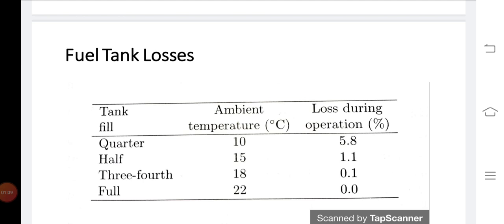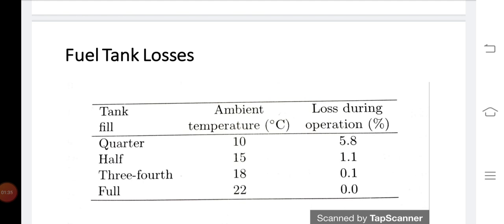In fuel tank losses, as the temperature inside the engine rises, the fuel tank heats up and the air inside the fuel tank expands, and part of it goes out through the tank vent tube or leaves through the vent of the cap of the tank. This air is mixed with gasoline vapors.